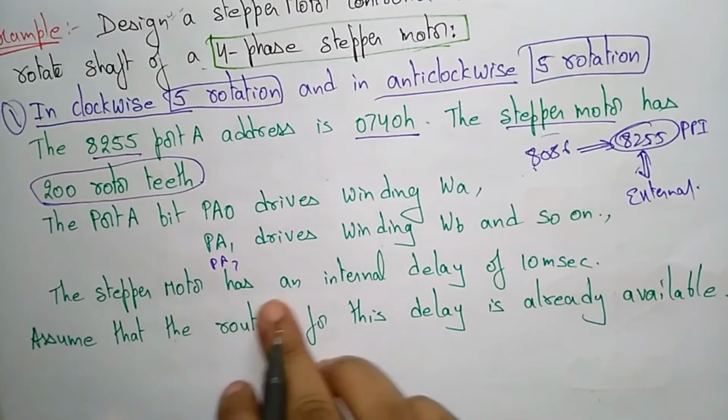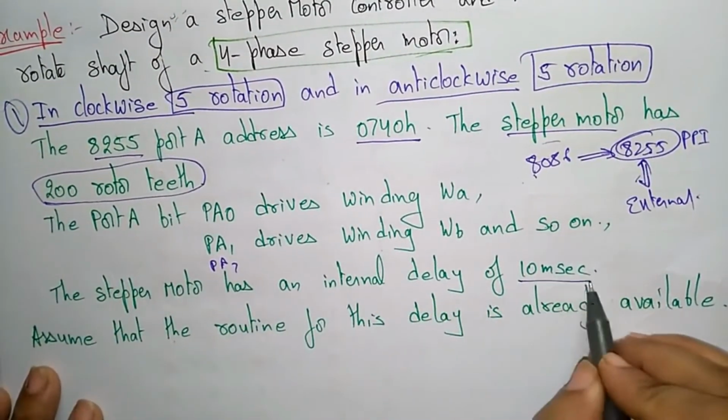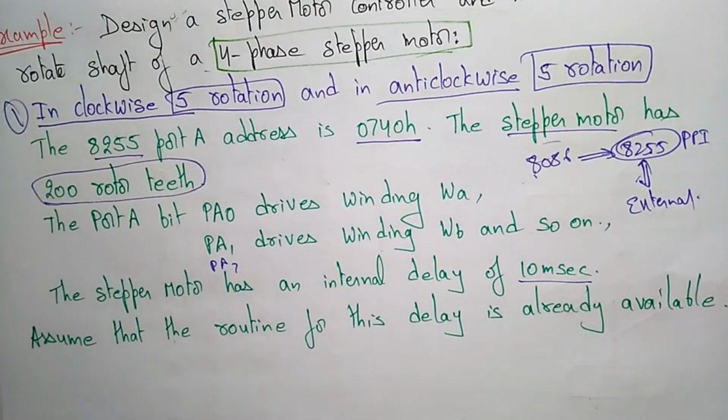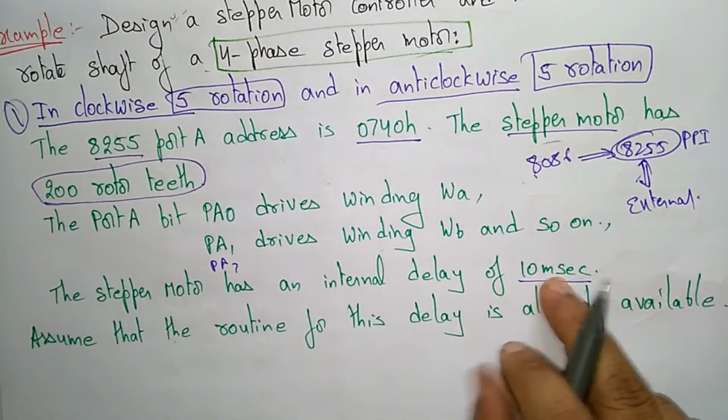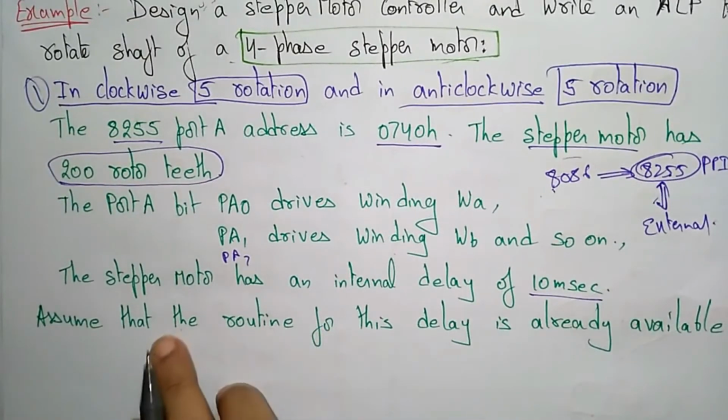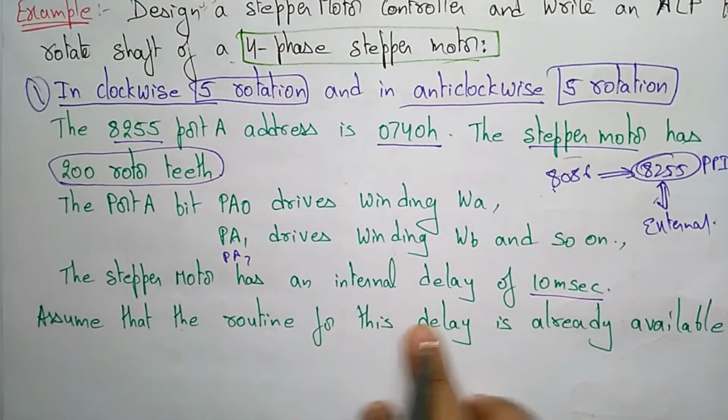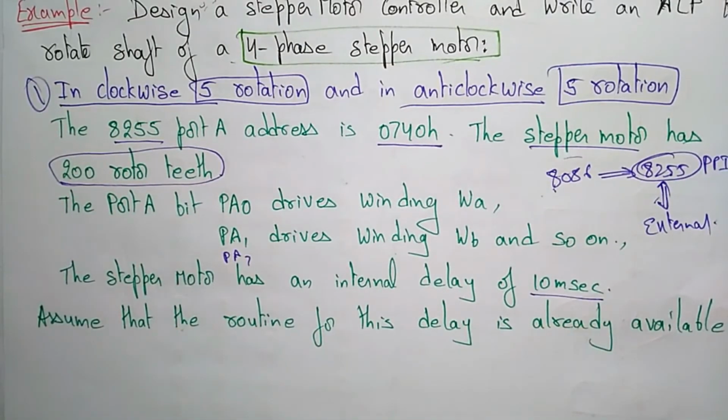The stepper motor has an internal delay of 10 milliseconds. Whether the motor is rotating in anti-clockwise or clockwise direction, the internal delay is 10 milliseconds. Assume that the routine for this delay is already available.